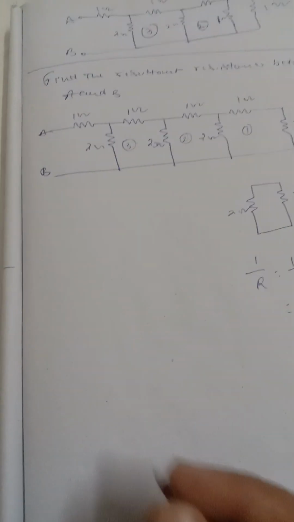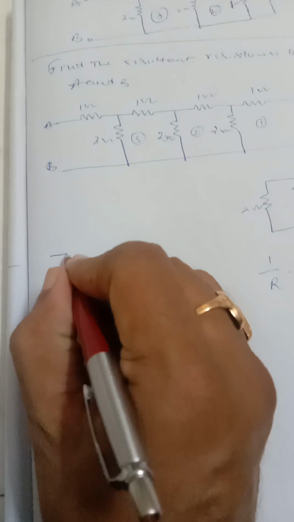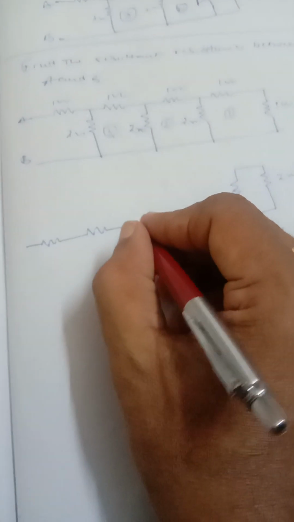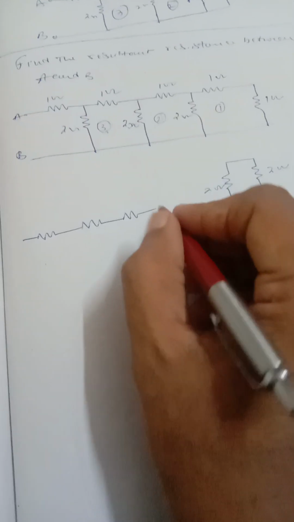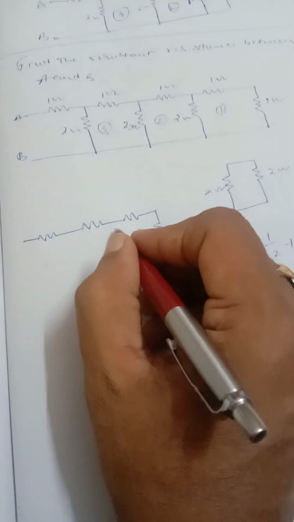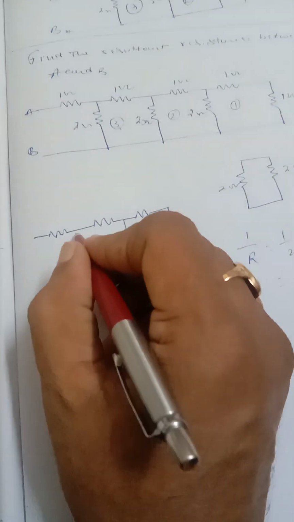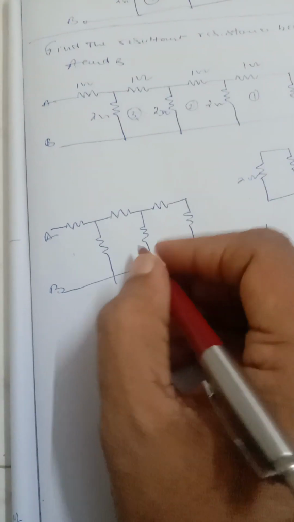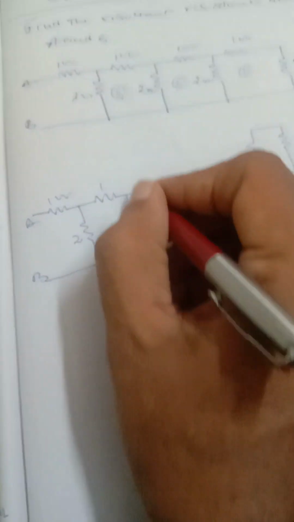Now how can we replace this diagram? Again, A, first loop, second, this is 1, this is 2. Here this is A, B, 1 ohm, 2 ohms, 1 ohm, 2 ohms, this is the third loop, this is the second loop.